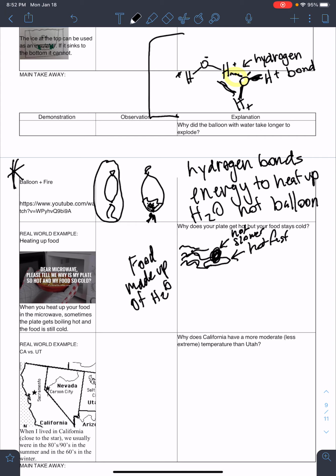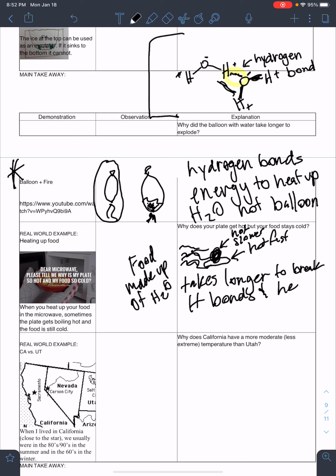It takes more energy, and it takes longer to break those hydrogen bonds and to heat up the food. So that is why your plate is way easier to heat up. Because of the hydrogen bonding in the water in the food, it takes longer to heat up, and so it will be cold while your plate is still hot.